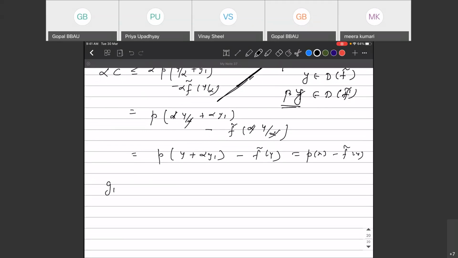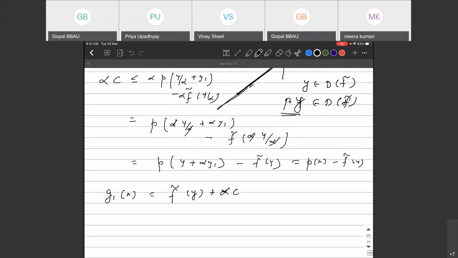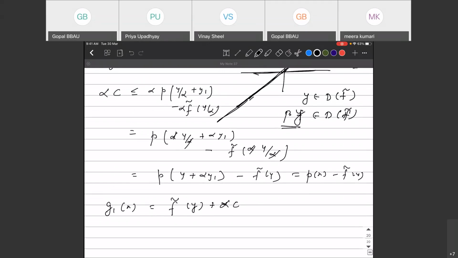Now use the definition of G1. What is G1x? G1x is f tilde y plus alpha c. So from here, what you get? See, this is alpha c, this is less than or equal to px, so alpha c is less than or equal to px minus f tilde y.